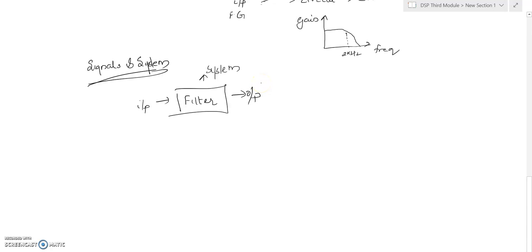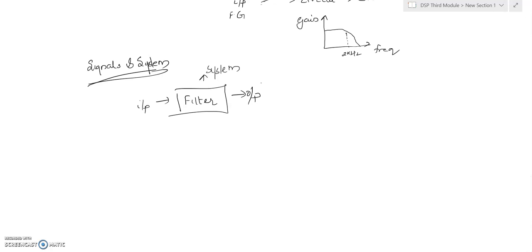What you learned in the previous semesters, and what you did in the labs, can be classified as analog filters, because they processed analog signals that came from the function generators, and you got the output and observed it on the CRO.